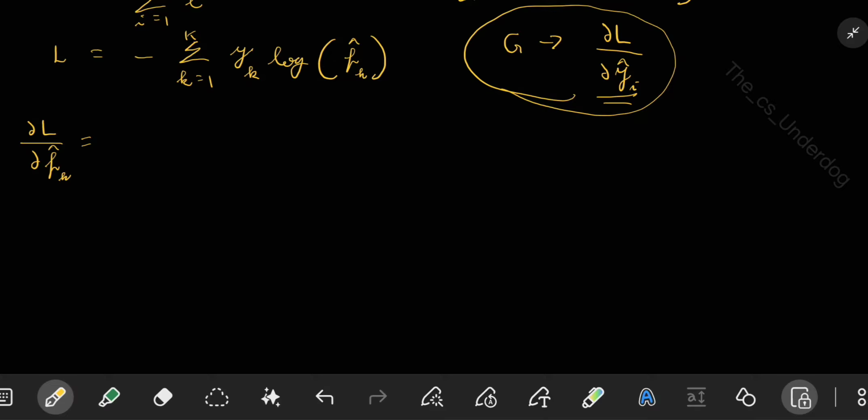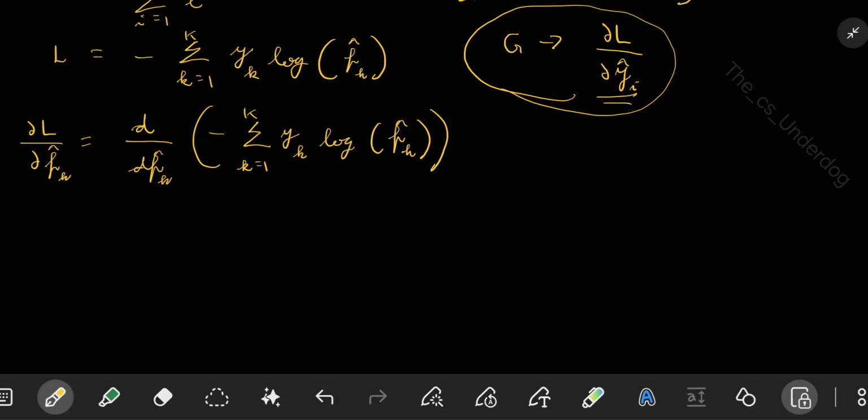Here, this can be written as d by d pk cap of this particular value. This is your loss. So I can write it as minus sigma k is equal to 1 to k yk into log pk cap. How can I take the derivative here? Just think about this. Here, this summation can be taken out.